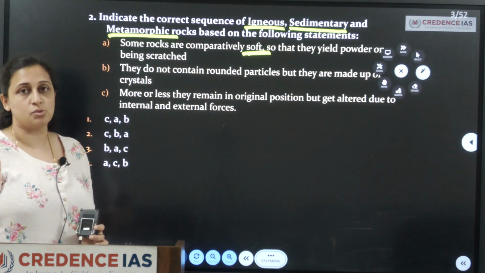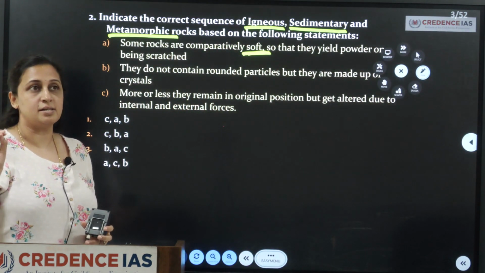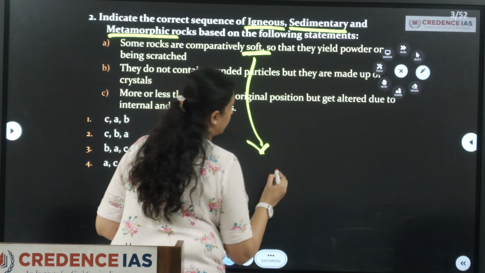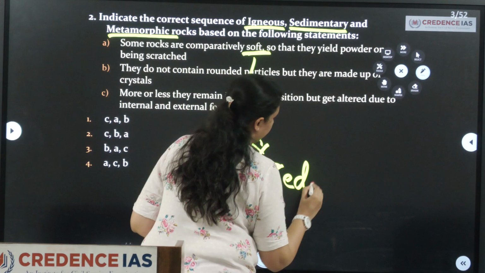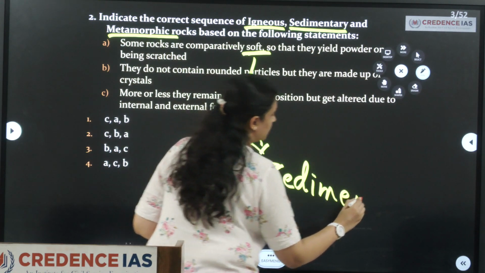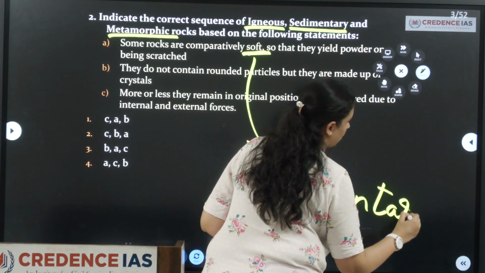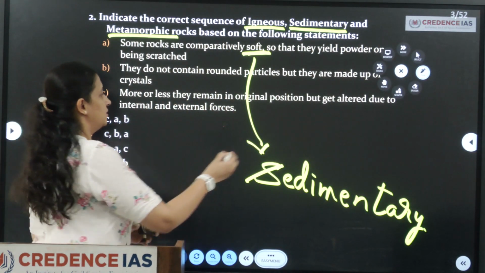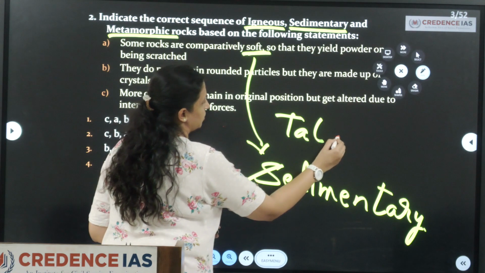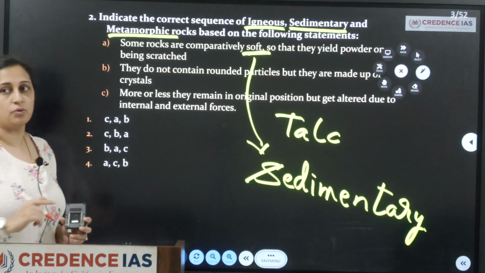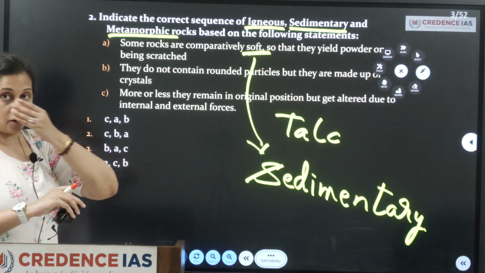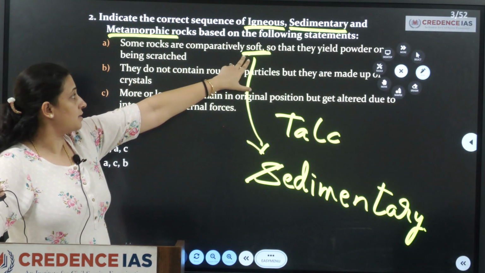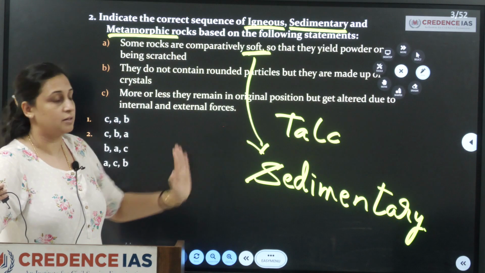Any rock described as soft is sedimentary in nature. Examples: limestone, chalk, and talc, which is used to make face powder. It is a type of rock, and it is very soft. So comparatively soft is the keyword to describe sedimentary rocks.